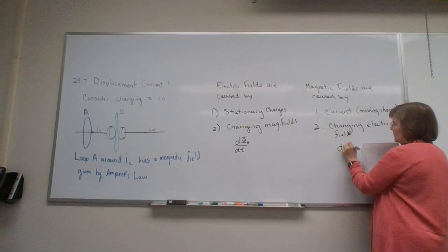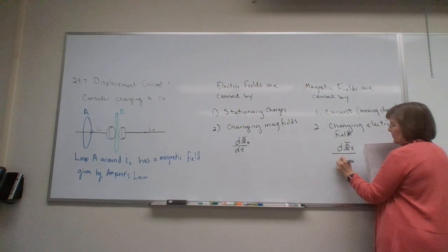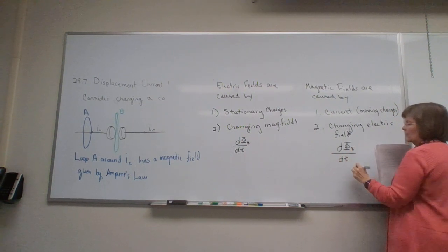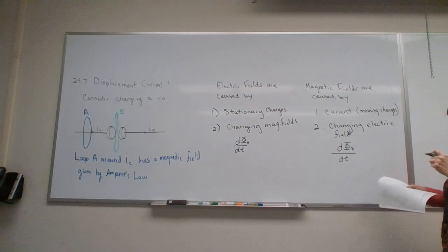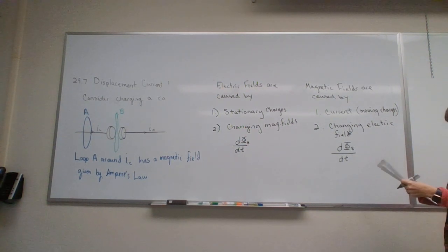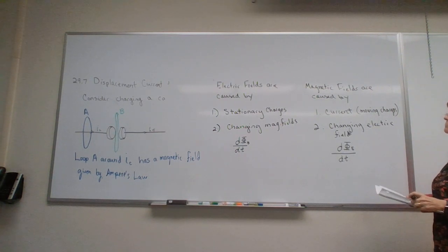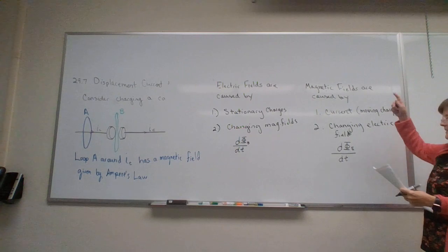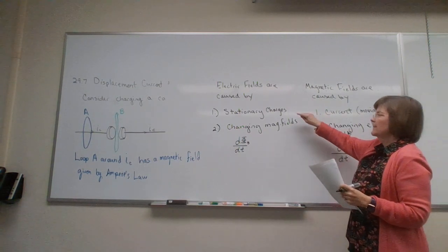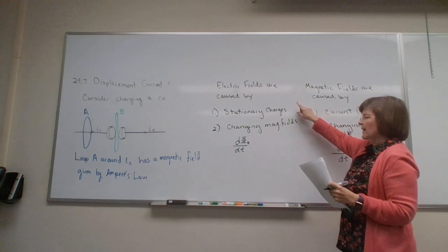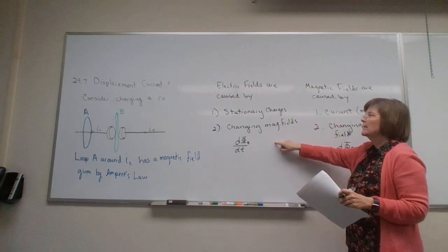That means we've got some changing electric flux through that second loop, loop B, and that changing flux is causing there to be a magnetic field. Get this all straight in your mind, and you're off to a good start. Electric fields can be caused by stationary charges and by changing magnetic fields.